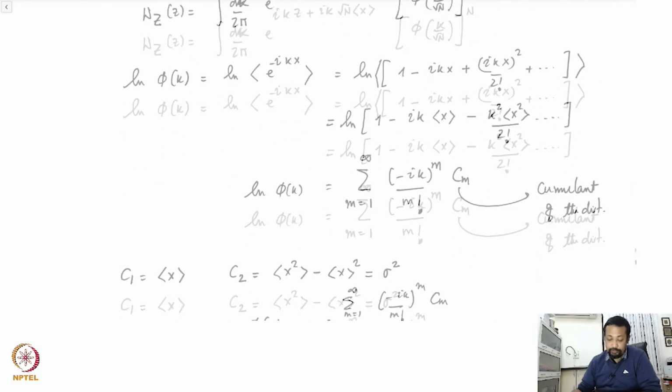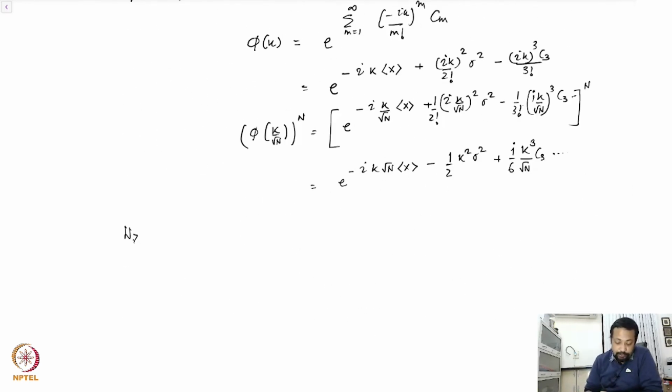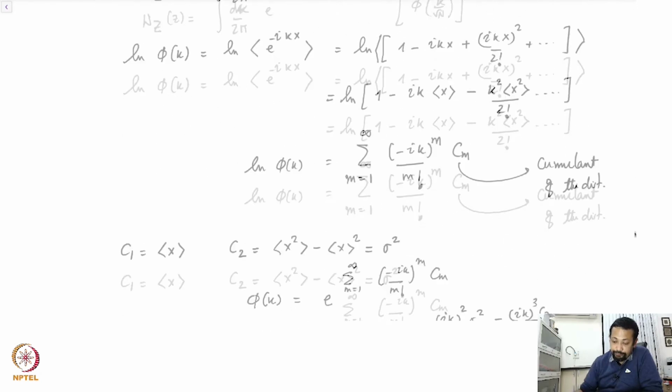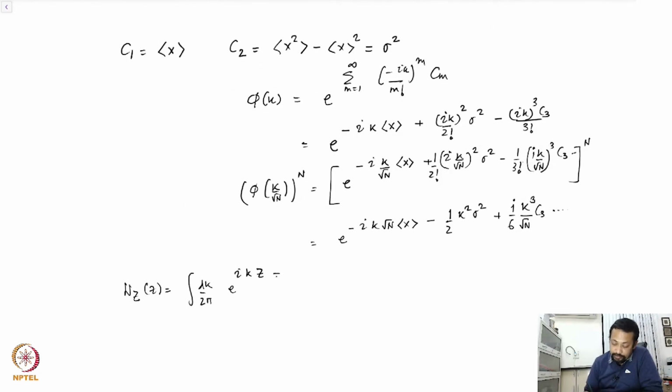Now let's come back to this W of z, the probability density for the variable z we were calculating. It had the form dk over 2 pi, e to the power ik z plus ik square root n average x, and I had phi of k over square root n raised to the power n.